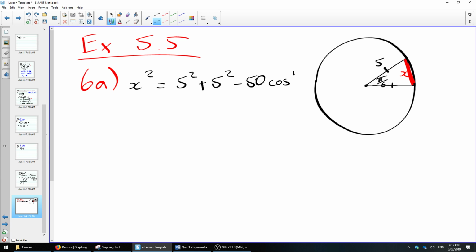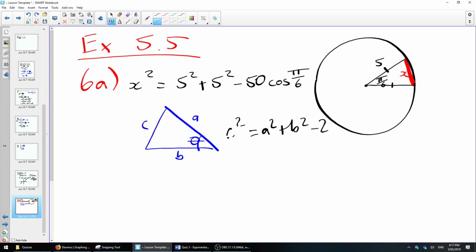cos pi over 6. So in a triangle in which we call that angle A, that B, and that C, C squared equals A squared plus B squared minus 2AB cos C. That isn't on the formula sheet.